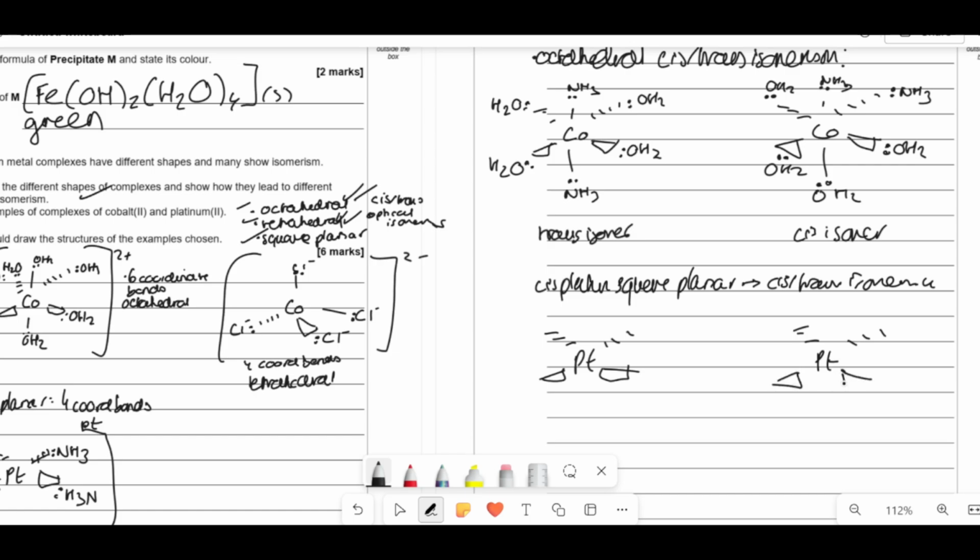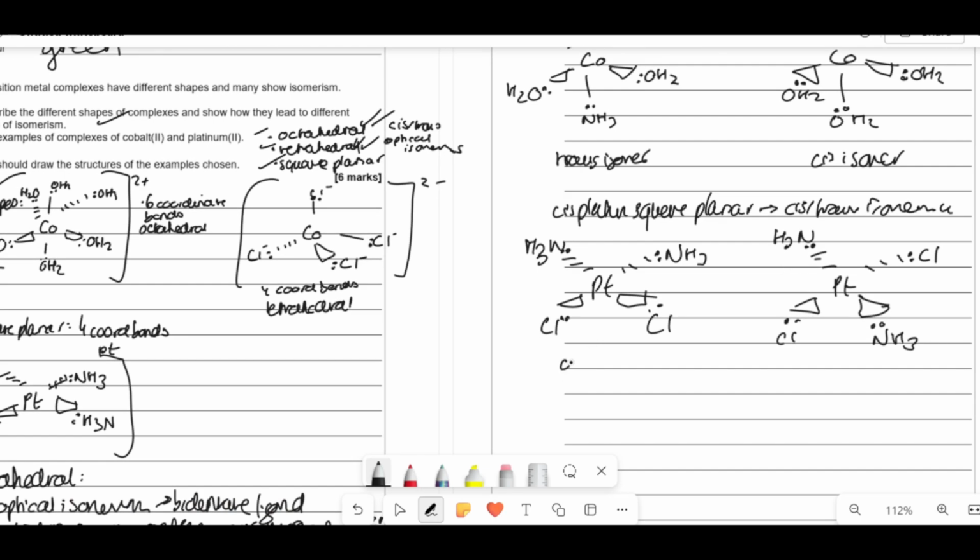So cis is on the same side, so H3N, NH3, and then Cl, and then the opposite side, so H3N, NH3, Cl. So that's your cisplatin, and then that's your trans isomer as well. There you go. So transplatin, I guess we would call it.